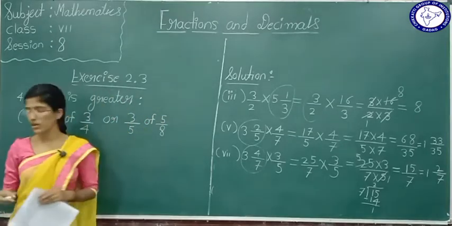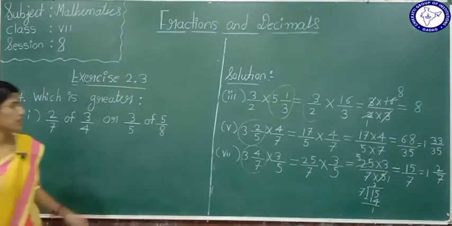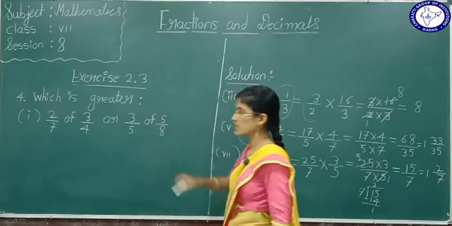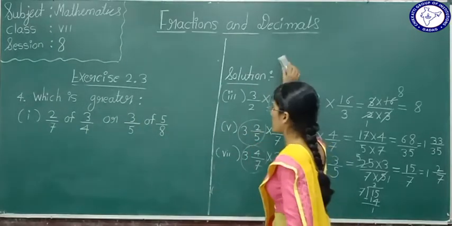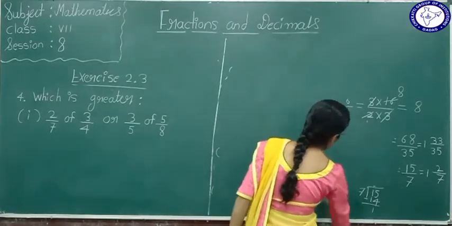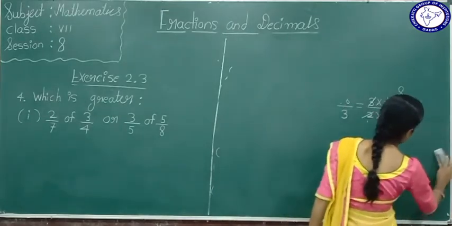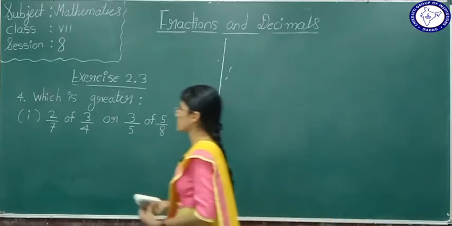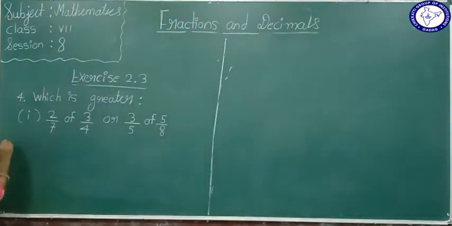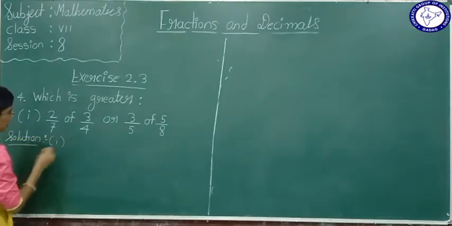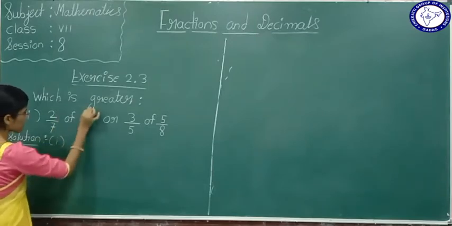Now see students, we have to tell here which is greater, whether this is greater or this is greater. Okay. How to tell which is greater? What will we do? We have to do the simplification. See the solution. First one. Okay. First we will solve this.